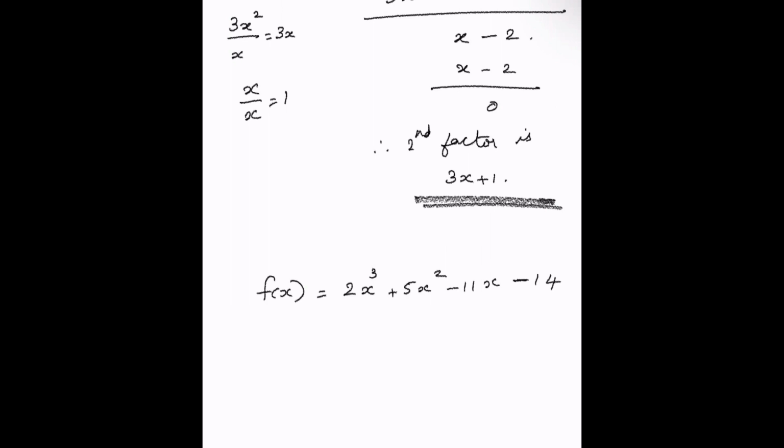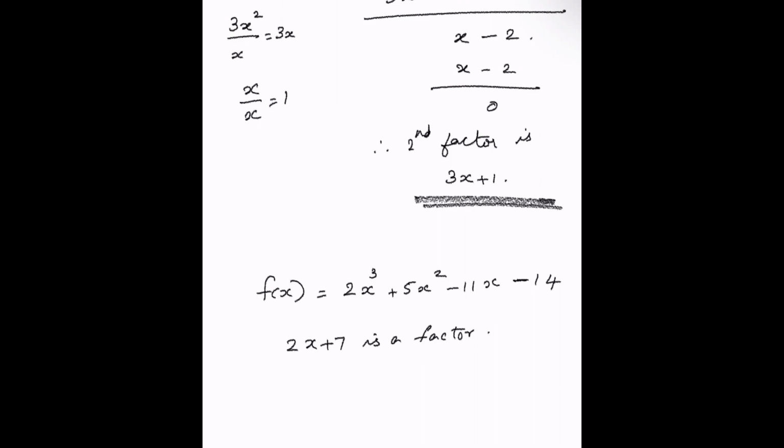This is your polynomial. Hence, factorize the given. Okay, one factor they have given. Show that 2x plus 7 is a factor. So this is given to you. Now, given the expression, okay, factorize the given expression completely using factor theorem.